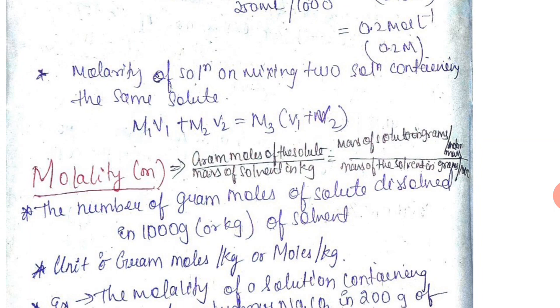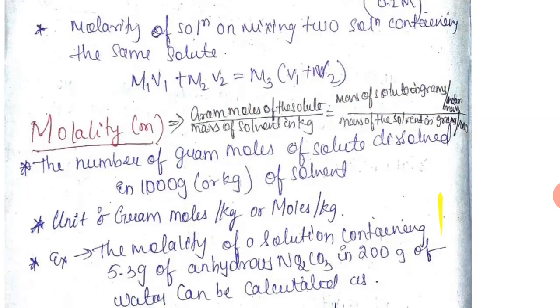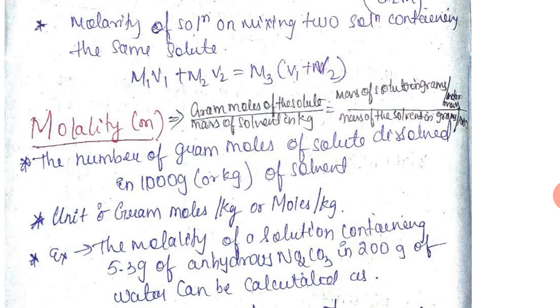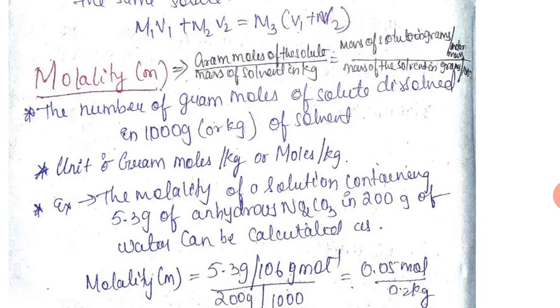Gram moles of the solute by mass of solvent in kg. Here it is in kg, but there it was volume. It is the number of gram moles of solute dissolved in 1000 gram or 1 kg of solvent. So the unit is moles per kg.